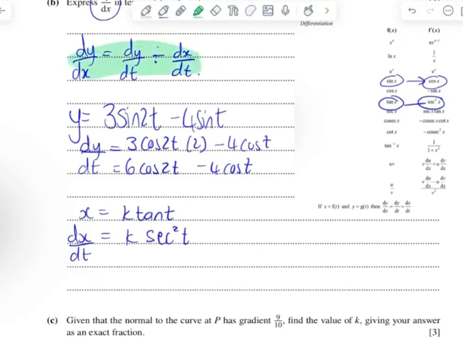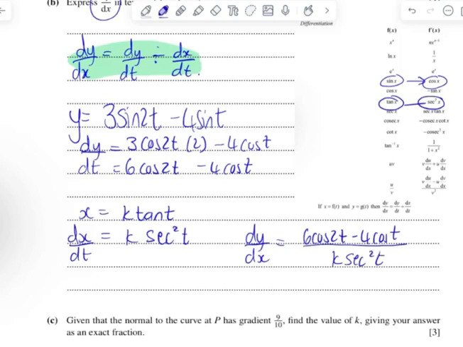So maybe to save space, I didn't need to write down that formula up there. Okay, let's just do it over here. I'm now going to take my dy dt, which is 6 cos 2t minus 4 cos t, and I'm going to divide it by k sec squared t.